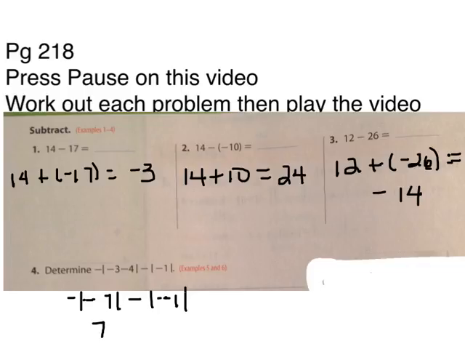But this negative here has to be carried down. So negative 7 take away 1 can be rewritten as negative 7 plus a negative 1, which gives me negative 8.